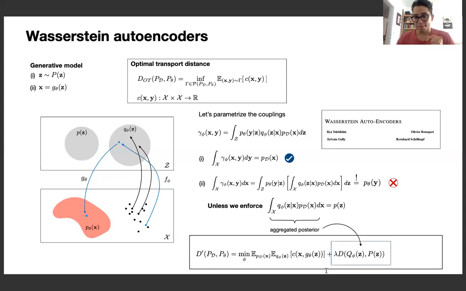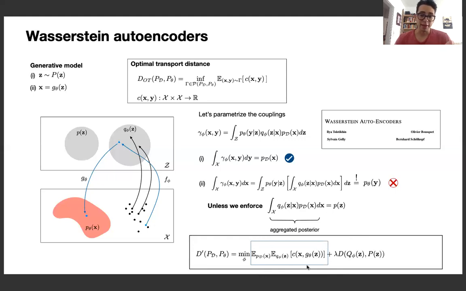Exactly this term here is the aggregate posterior, and we cannot compute it explicitly. We have to do it using some sort of adversarial approach. And the first term here is just any cost, and it will play the role of a reconstruction.